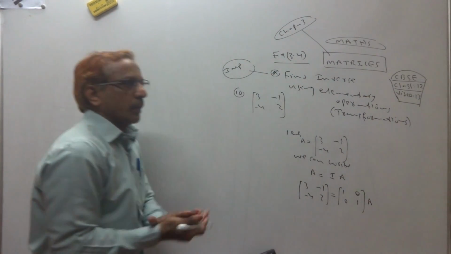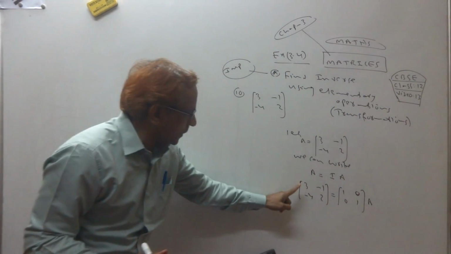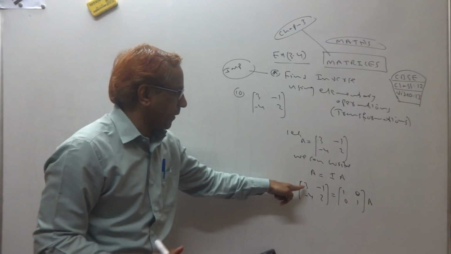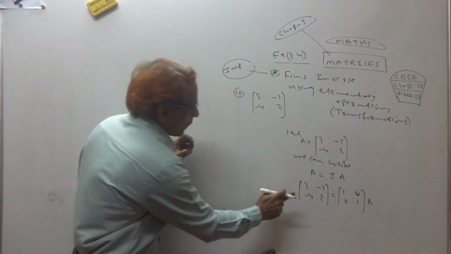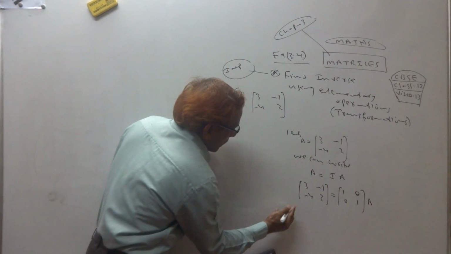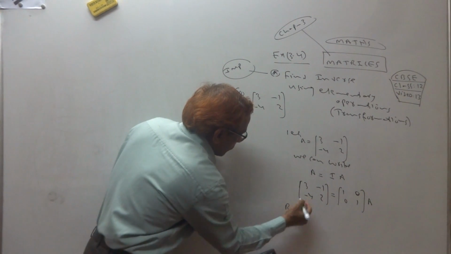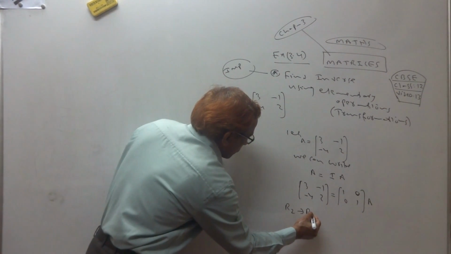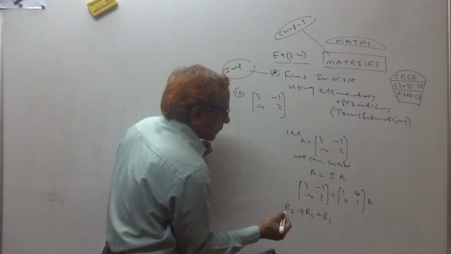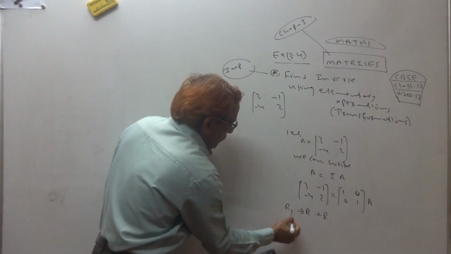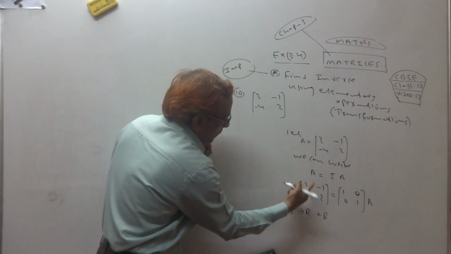Now you know that we have to make this 1. So you should think how can you make this 1? I can get 1 here first. R2 gives R2 plus R1, or you can take this operation also, R1 gives R1 plus R2.